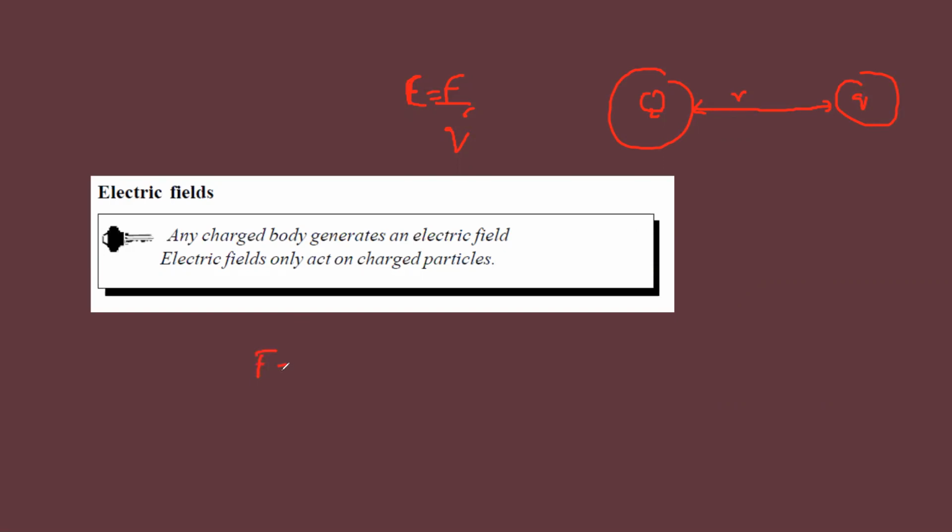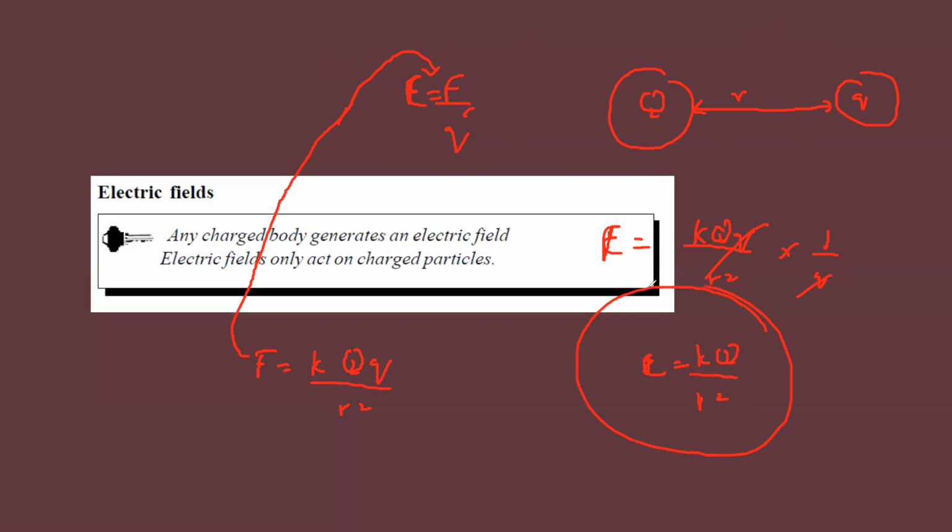I can say F is equal to K capital Q small q over r squared. If I substitute this value of F into the electric field strength E, then K capital Q small q over r squared times 1 over q, so Q will cancel with q. The electric field strength is equal to K capital Q over r squared.